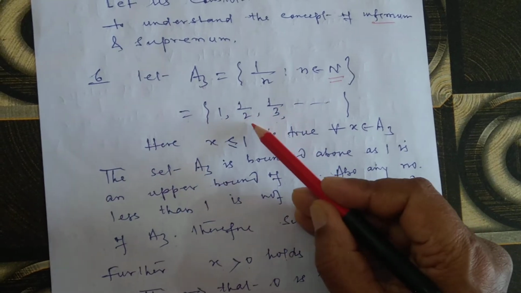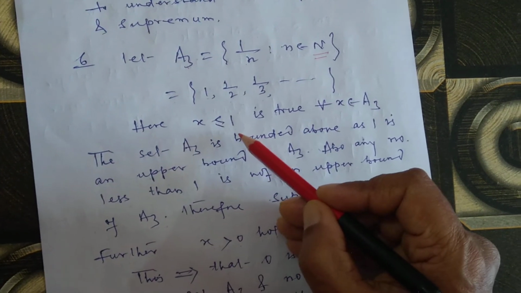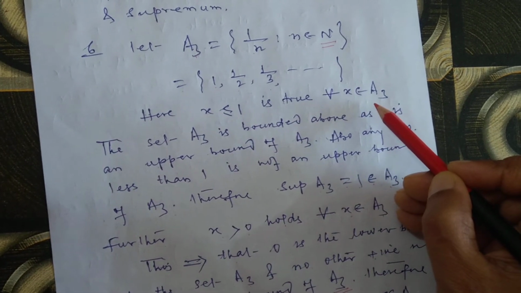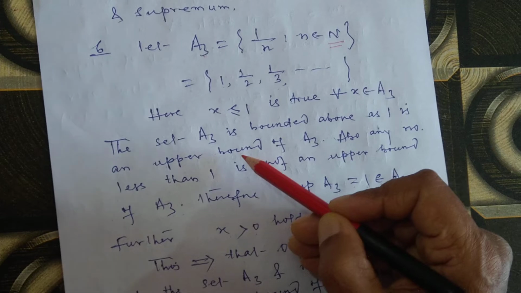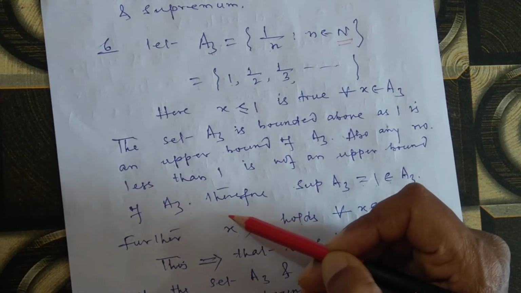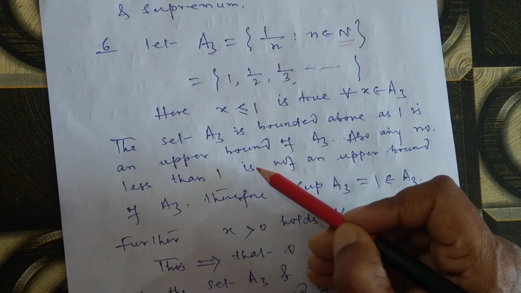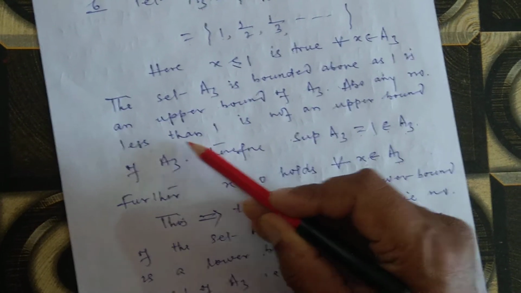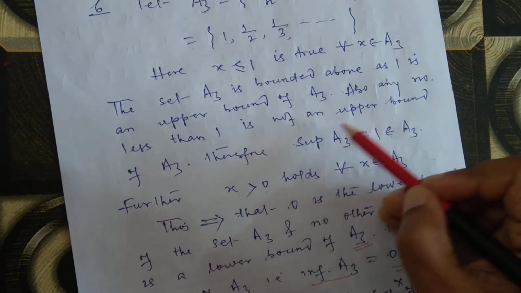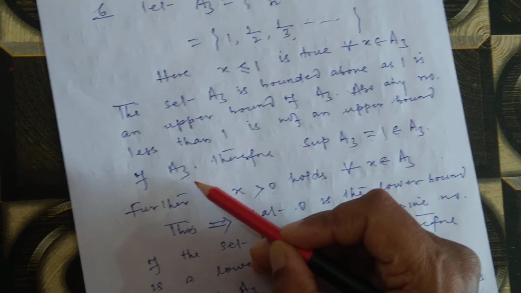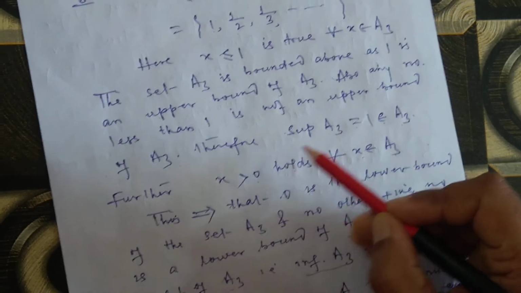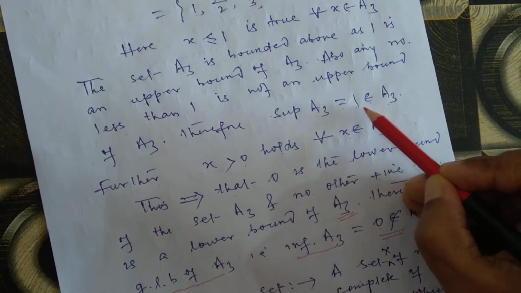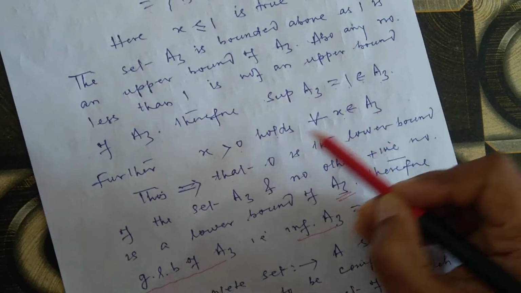Here each member of the set is less than or equal to 1, which is true for all x belongs to A3. The set A3 is bounded above as 1 is an upper bound of A3. Also, any number less than 1 is not an upper bound of A3. Therefore, the supremum of the set A3 is 1, which is a member of A3.